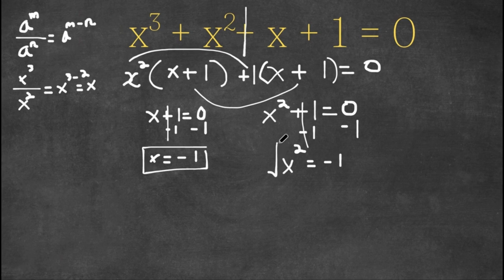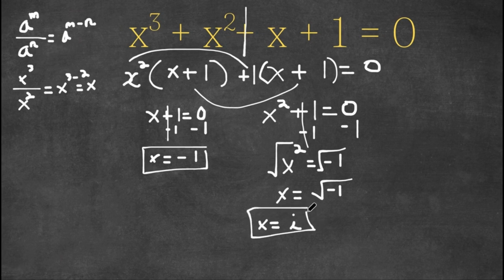Now, if we take the square root on both sides, we get x equals the square root of negative 1, and the square root of negative 1 is actually equal to i. So i is also a solution. So our two solutions are x equals negative 1 and x equals i.